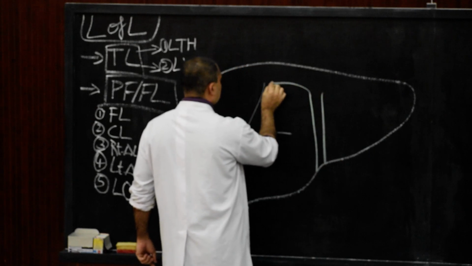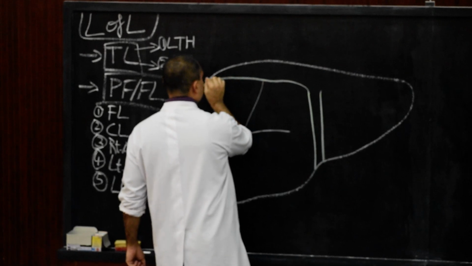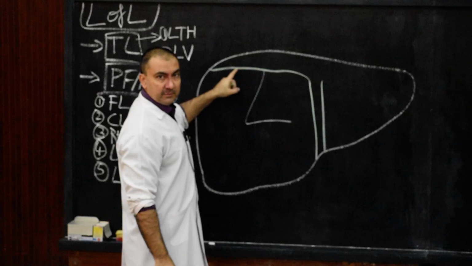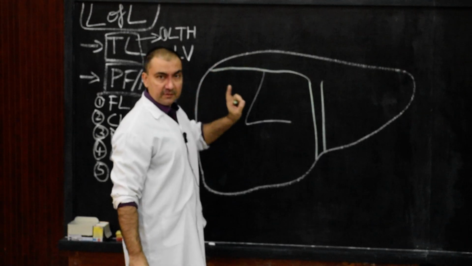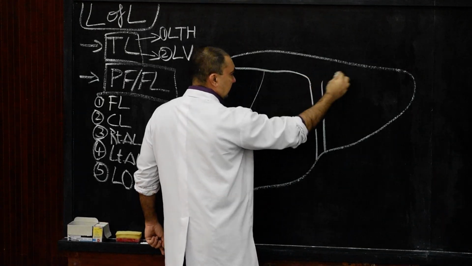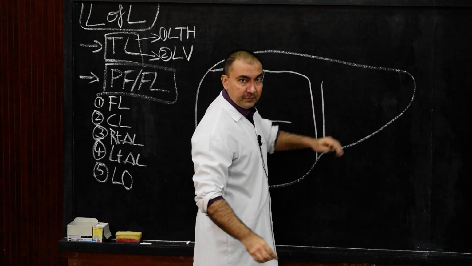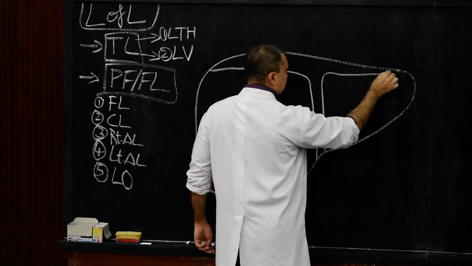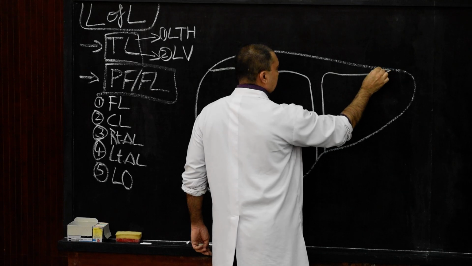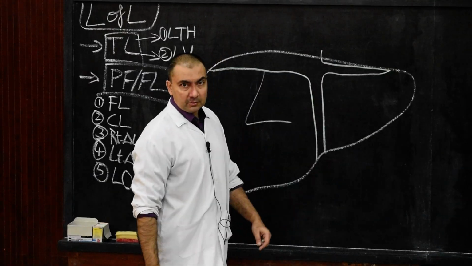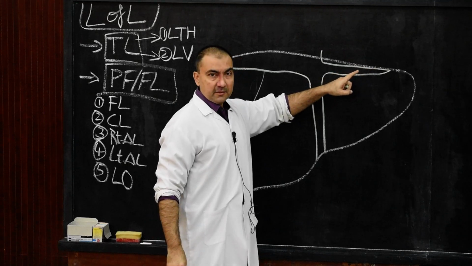Superiorly here, it will divide, on the right side, it will continue as the coronary ligament, superior layer of coronary ligament. And on the left side, it will be the triangular ligament. So in this way, you have to draw the left triangular ligament.